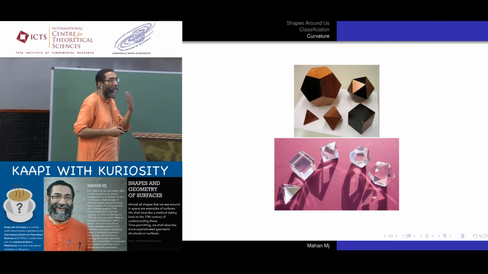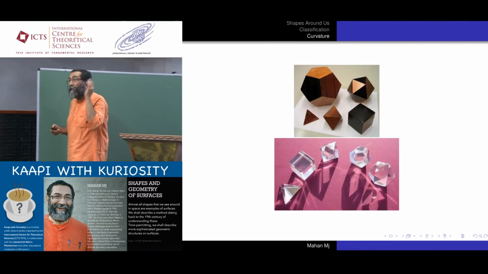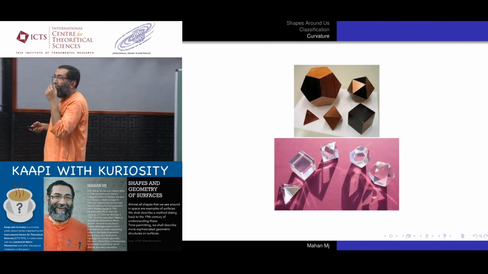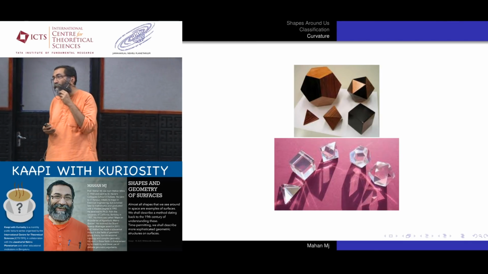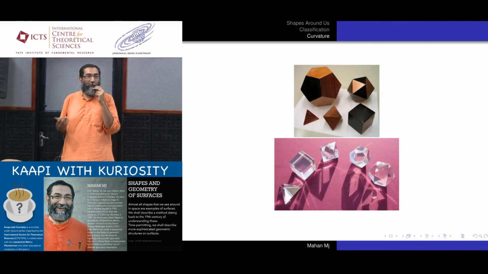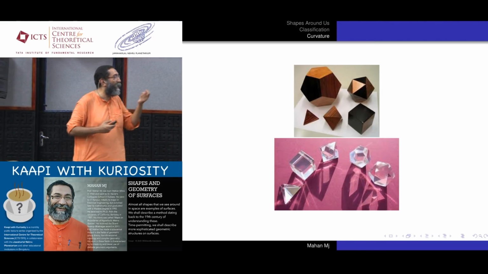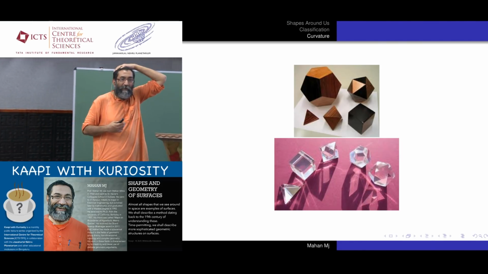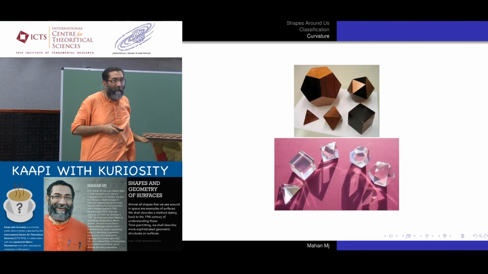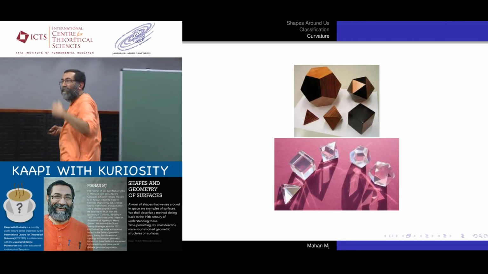What does sharper mean? Solid angle. Good. If the solid angle is smaller, we'll say it is sharper.